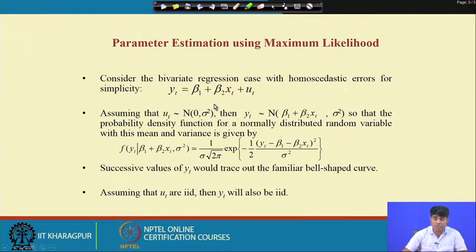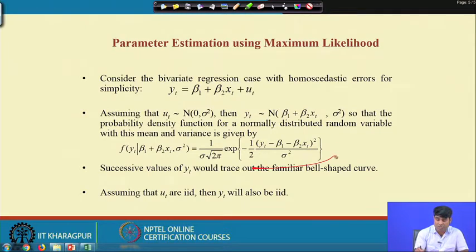As usual, this is the mean estimation, and that too can be done through the OLS mechanism, assuming that the error term is normally distributed with 0 mean and unit standard deviation. As a result, the probability density function for a normally distributed random variable with this mean and variance is given by this particular structure.